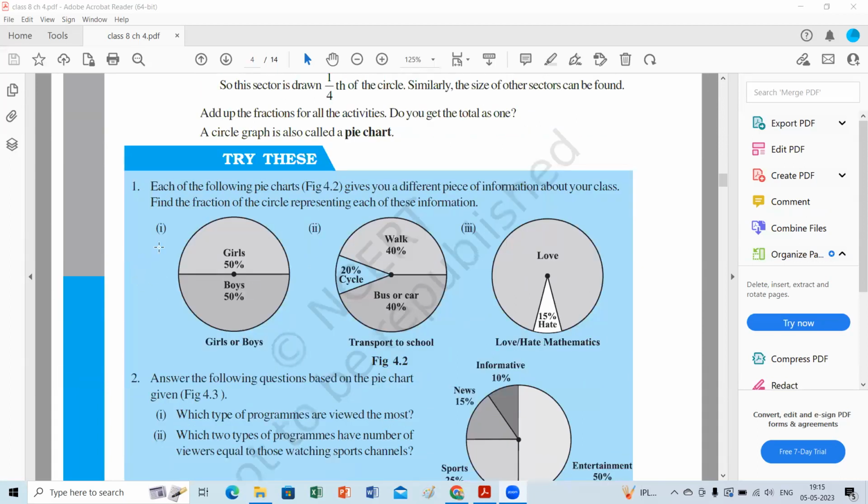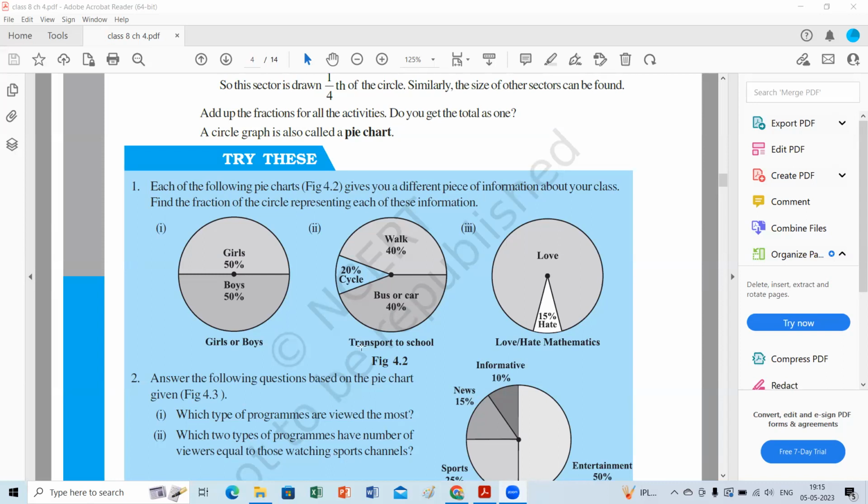Suppose this is the question here. Each of the following pie charts gives us different pieces of information about your class. Find the fraction of the circle representing each of this information. Here, 50% girls and 50% boys in the first one. Second one, walk 40%, 20% by bicycle, and by car or bus 40%.